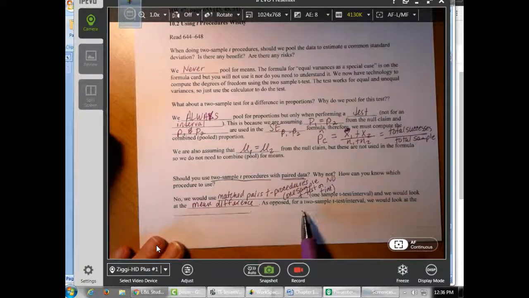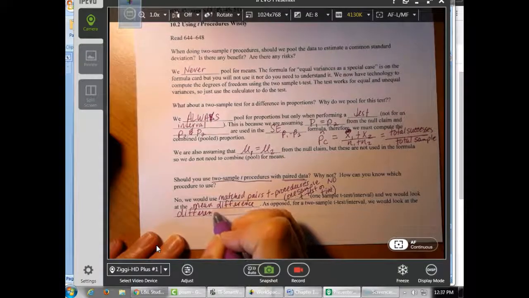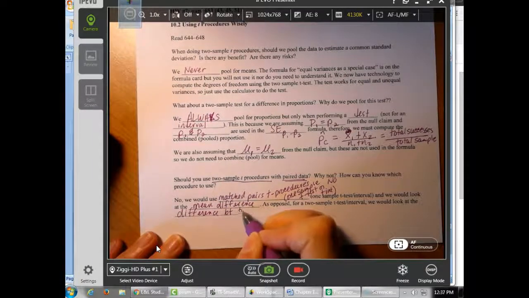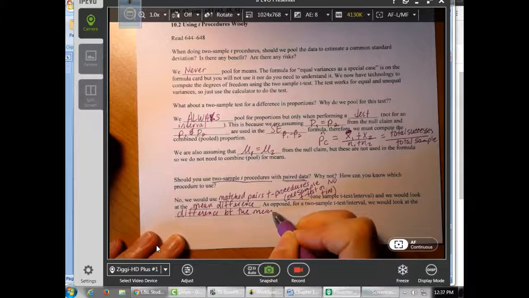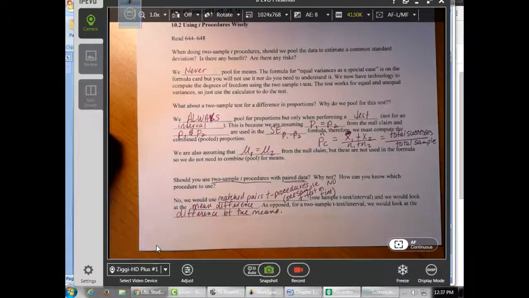As opposed to that, if you have a 2-sample test or interval, we would look at the difference between the means. So if you're doing matched pairs t-procedures, you're really just doing a 1-sample t-test, and you have 1 mean for that sample.